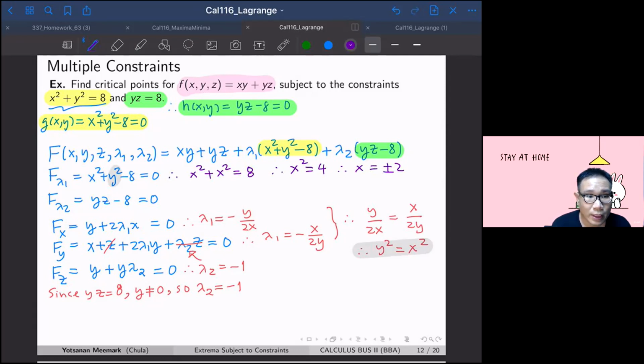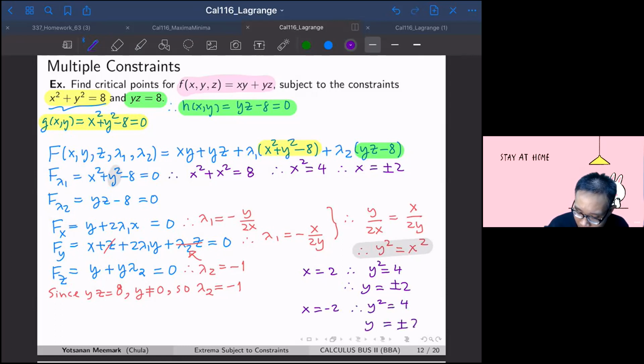So x equal to 2, you get y squared equal to 4, so you would get y equal to plus or minus 2. And x equal to minus 2, you get y squared equal to 4, so you get y equal to plus or minus 2 also, okay?